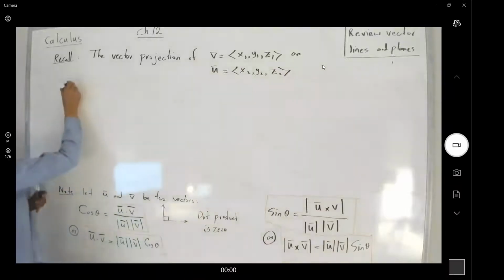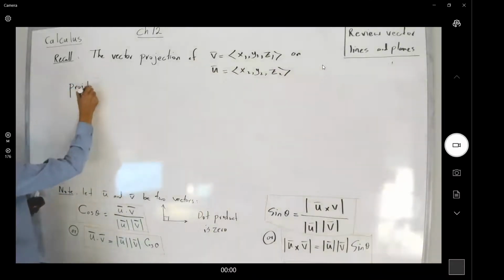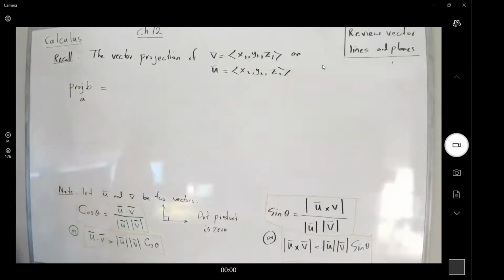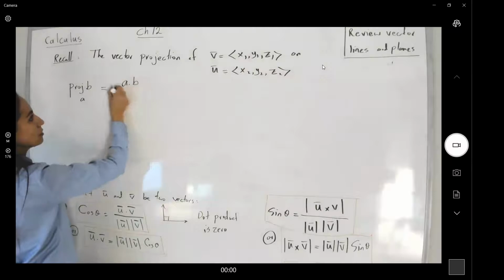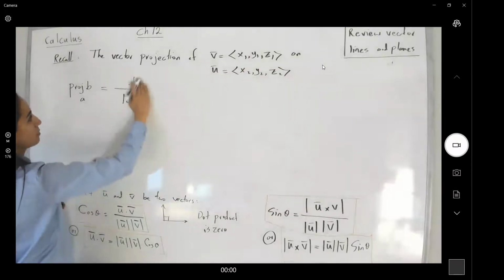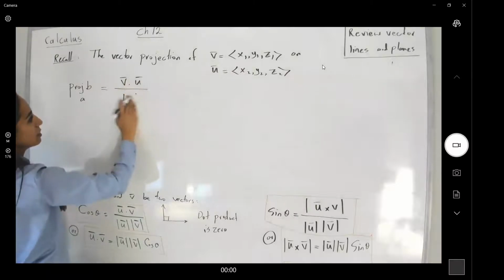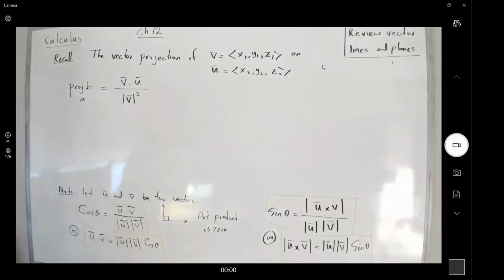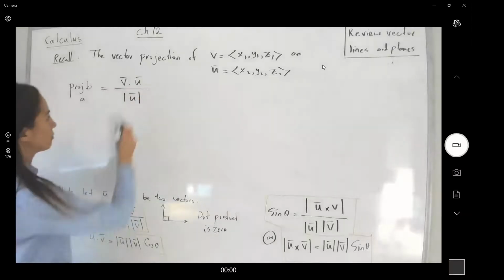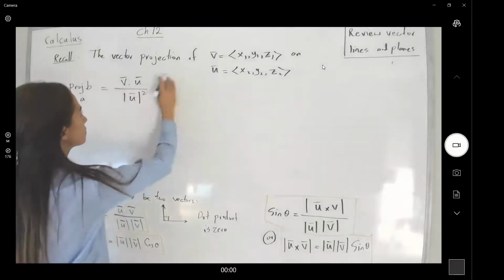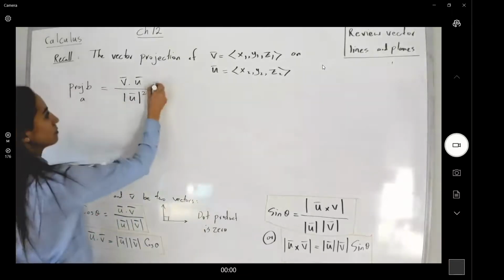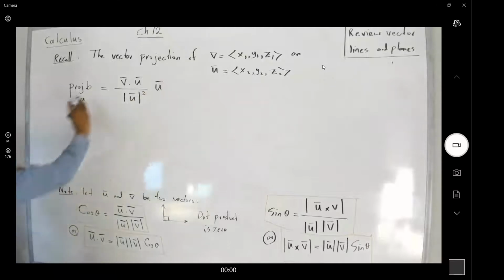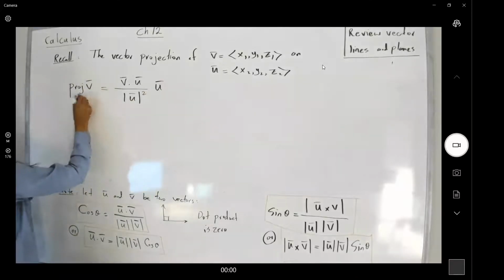The projection of V over U is equal to V dot U divided by the magnitude of U squared times vector U. The order is not important here.